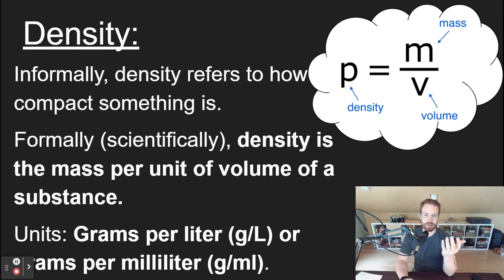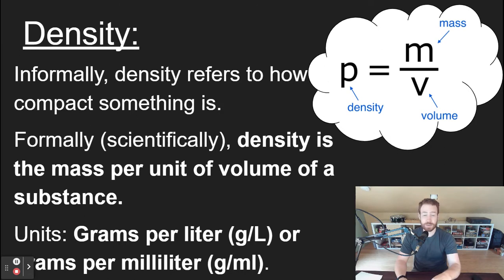Well, density does have a more formal scientific meaning, which is the mass per unit volume. So it's how much mass is in a certain amount of volume for a substance or an object. Normally, the most common measurements, especially in chemistry, for density are grams per liter or grams per milliliter.